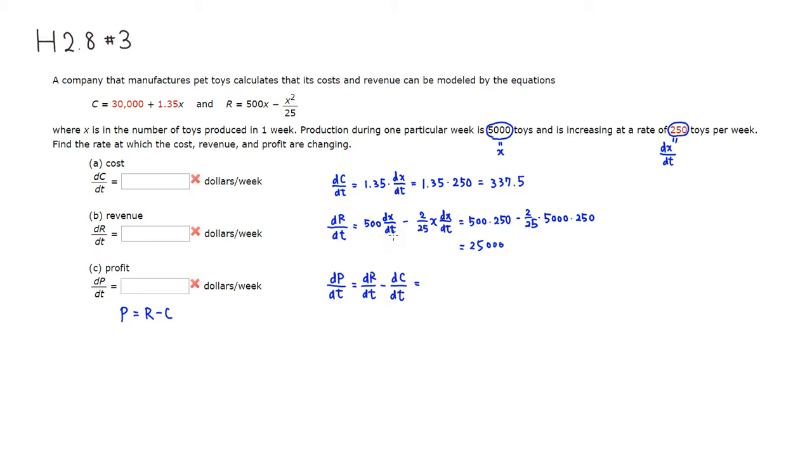We actually have both of them. dR/dt is 25,000, and you are subtracting 337.5. So this is going to be 24,662.5. Let's type it in.